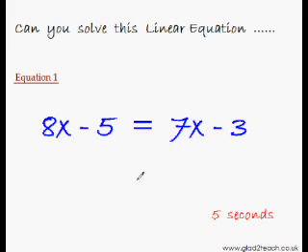See, we have already learned the method to solve the linear equation in the last video, isn't it? We just have to bring the variables on one side and the constants and the coefficient on the other, and we are done. So take this positive 7x to the other side and it will become negative 7x.